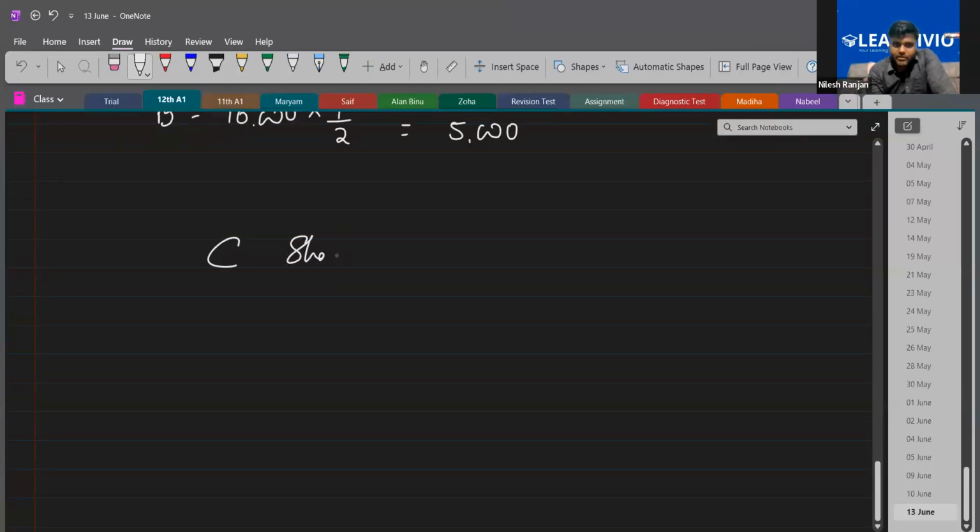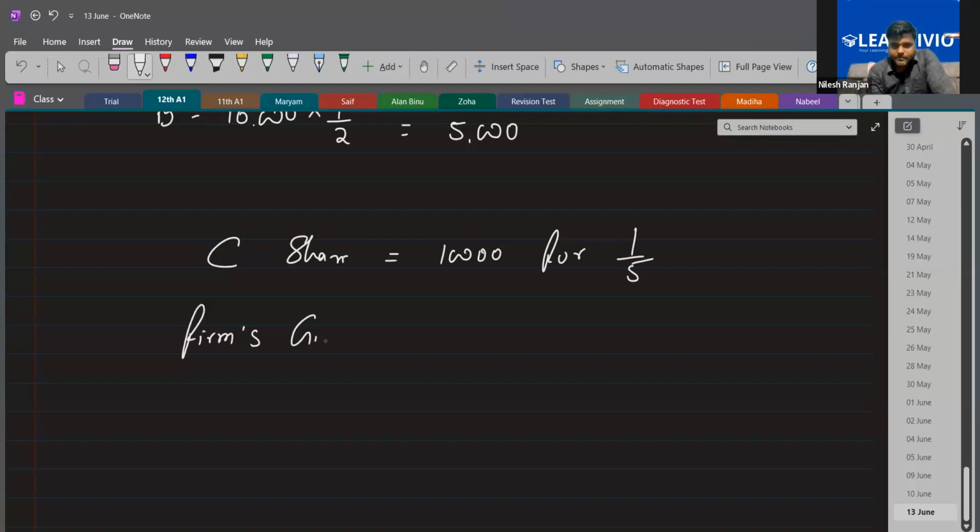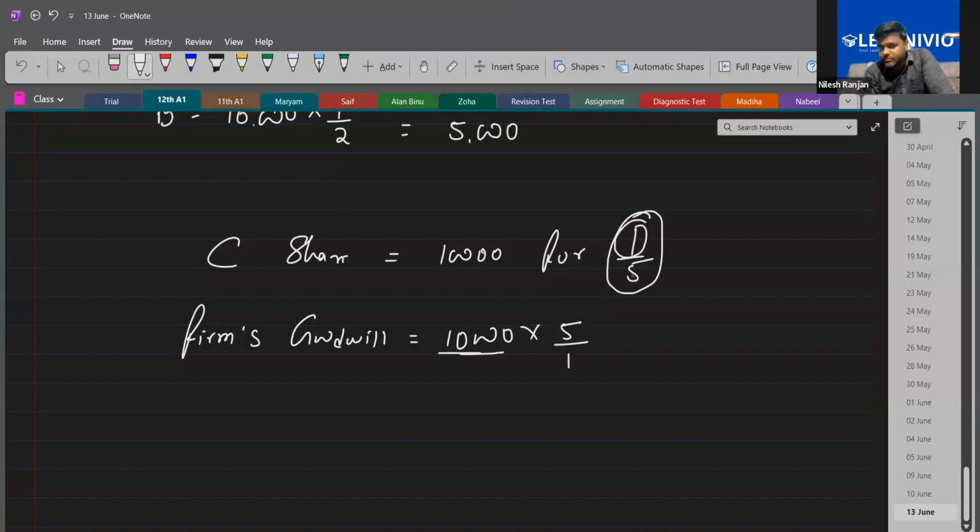C share is 10,000 for 1/5. So to calculate firm's goodwill, what will be this? 10,000 into 5 by 1. Actually, we have to use a reciprocal of his share. So he's bringing 10,000 for 1 share in total 5 shares. Or you can say that there is total 5 pens and he's purchasing 1 pen for 10,000.